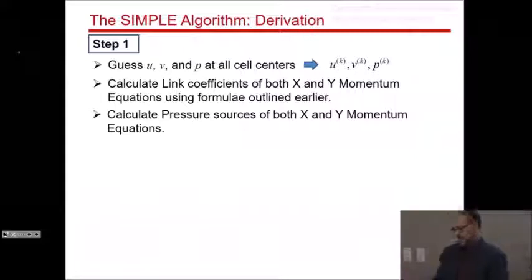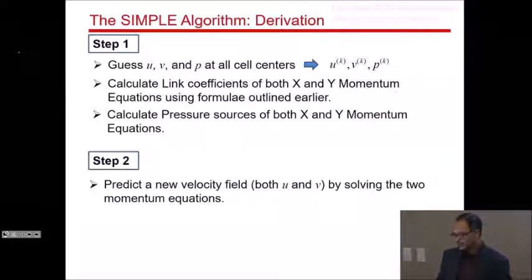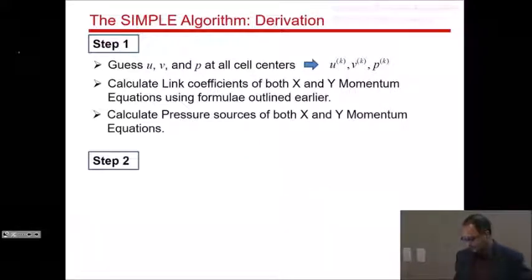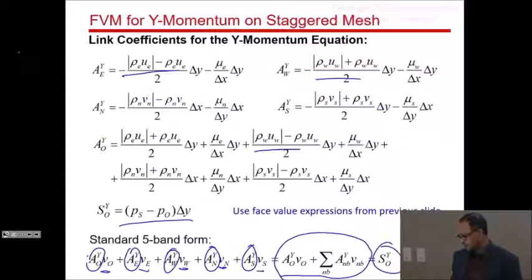You calculate pressure sources, I just mentioned that, and then in step 2, you're now going to predict a new velocity field, both U and V, by solving the 2 momentum equations. Remember, link coefficients already had this U, V, etc., but there was the advected velocity component, which we are really solving for. If I just go back here, I'm trying to solve this equation.